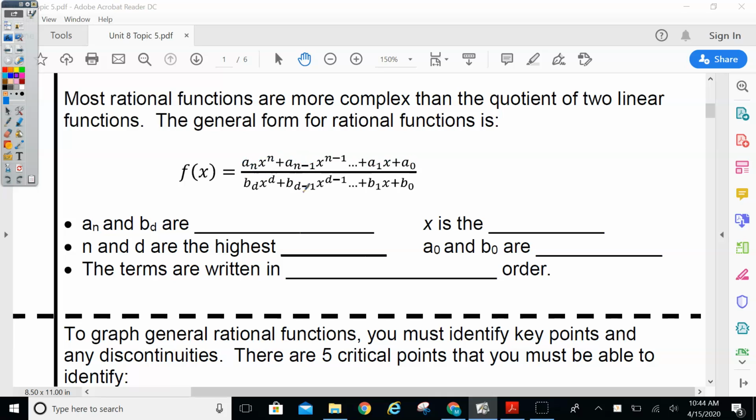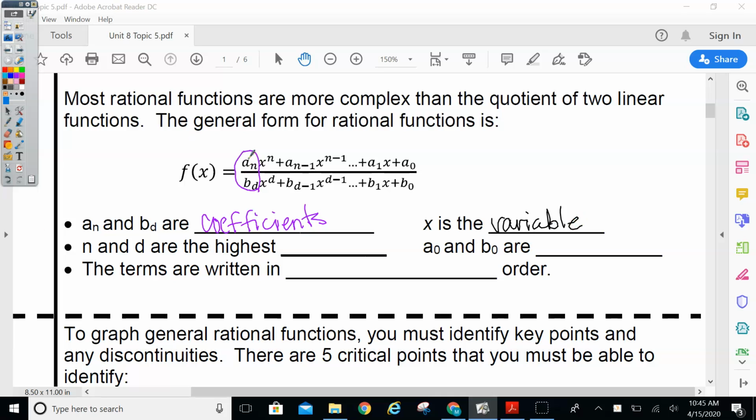The b's are numbers. So an and bn are just coefficients, and specifically they're the first ones, so they're the leading coefficients. But all of these a's are just numbers and coefficients. The only variable in this entire thing is the x. Everything else is a number.